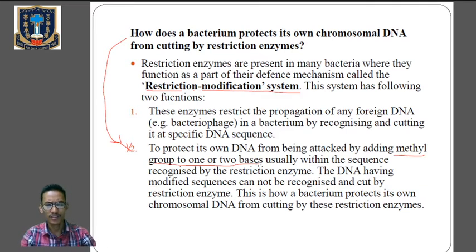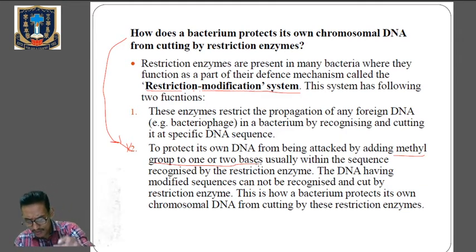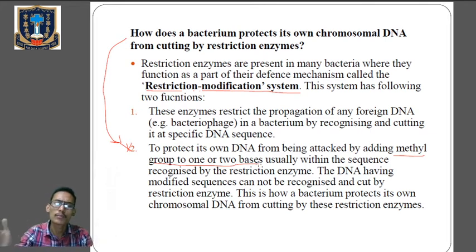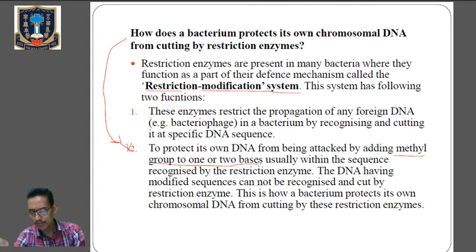It's very simple. The system simply adds the methyl group to one or more bases of the palindromic sequences, because restriction enzymes recognize the palindromic sequences and cut them.